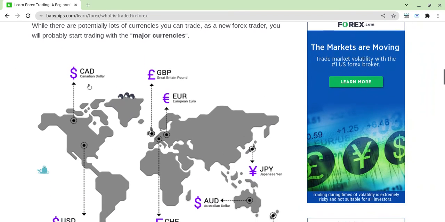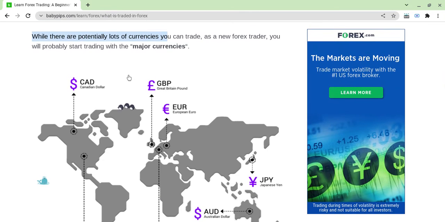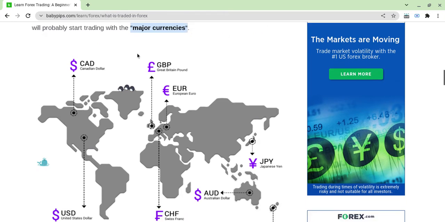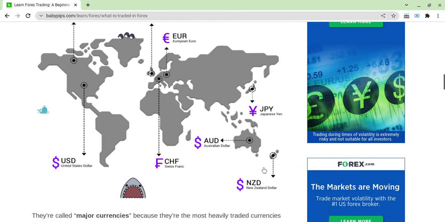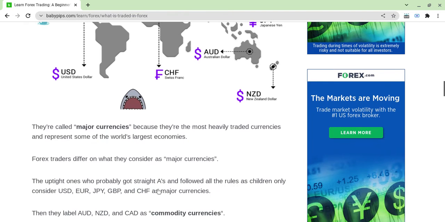Okay, so we're going to talk about currencies. There are a lot of currencies you can trade, but we're going to talk about what they call, quote unquote, the major currencies. So we have the Canadian dollar, the US dollar, you're going to see CAD, USD, the Great British Pound, the Euro, the Swiss franc, the Aussie, the Japanese yen, and the New Zealand dollar.